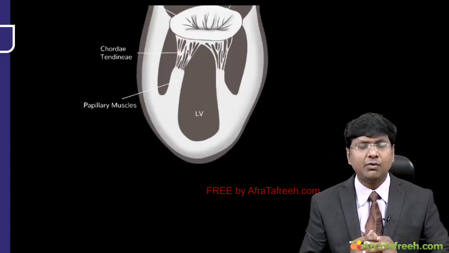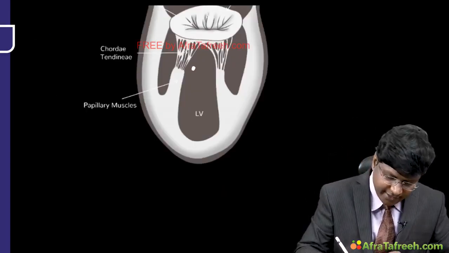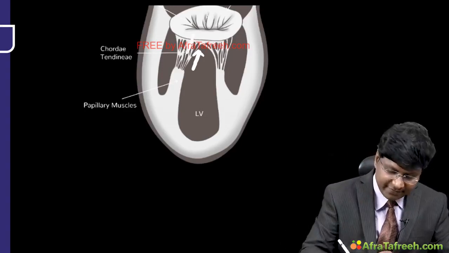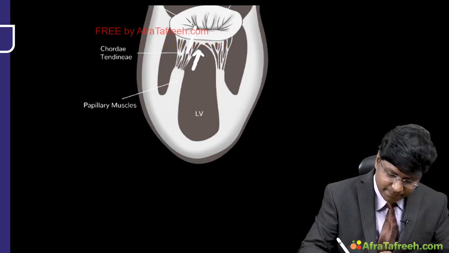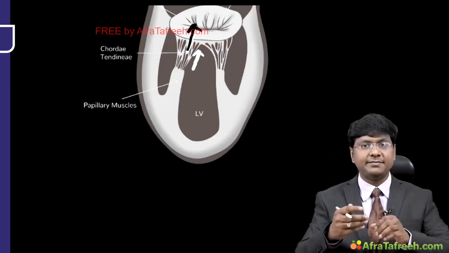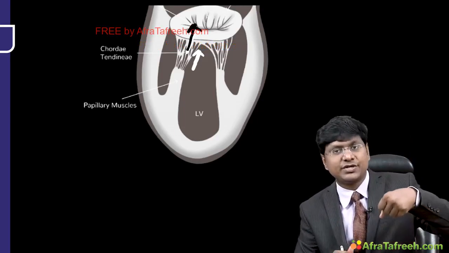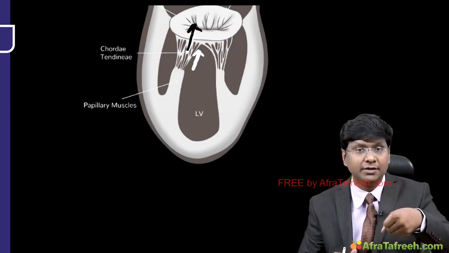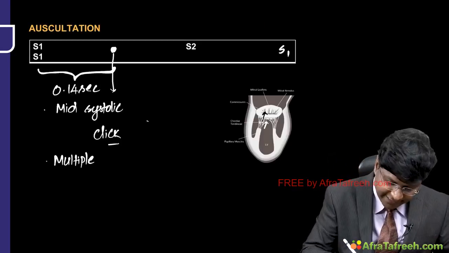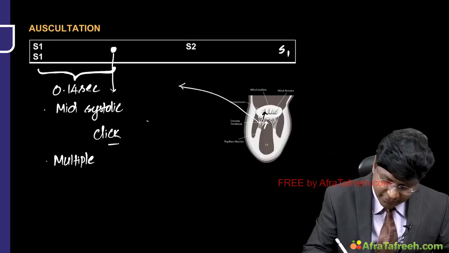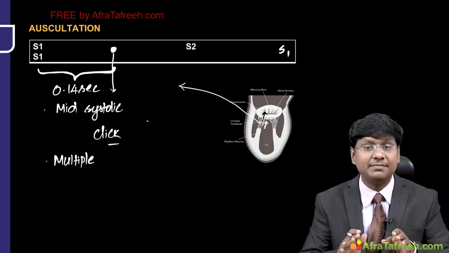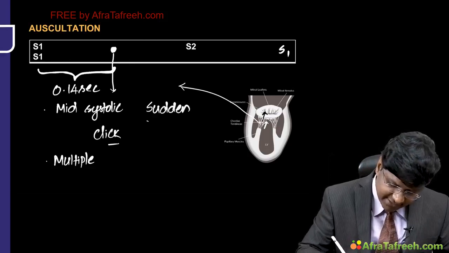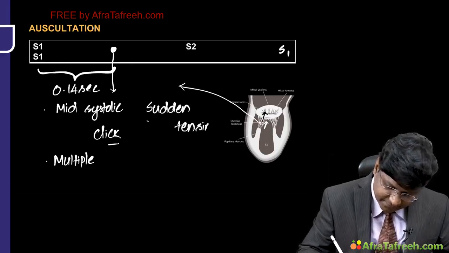See, how are these chordae tendineae? The chordae tendineae are grossly stretched. When the mitral valve is prolapsing into the left atrium, the chordae tendineae are stretched, elongated, and being pulled. So, at one point of time, these stretched chordae tendineae suddenly become tense.